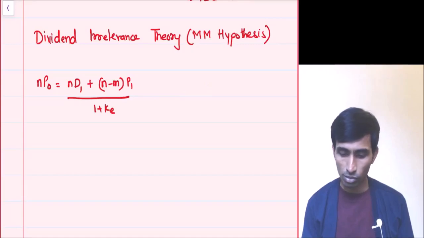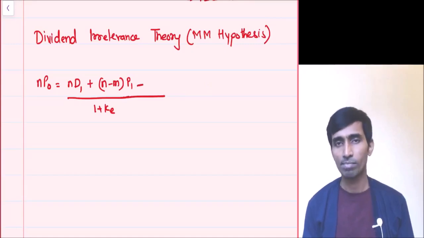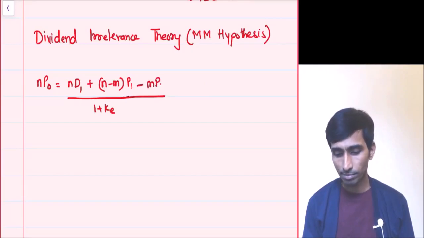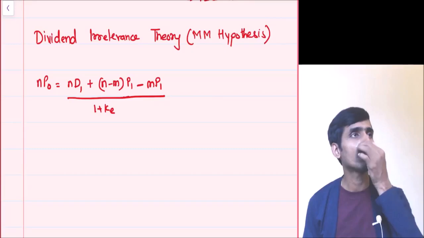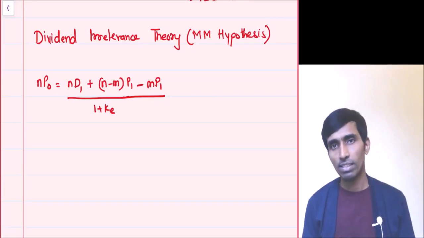Here it is actually minus MP1 upon 1 plus KE, the whole numerator. Please change it.